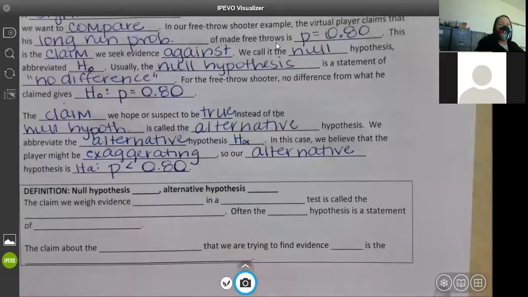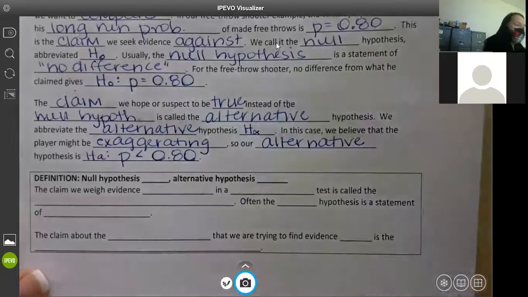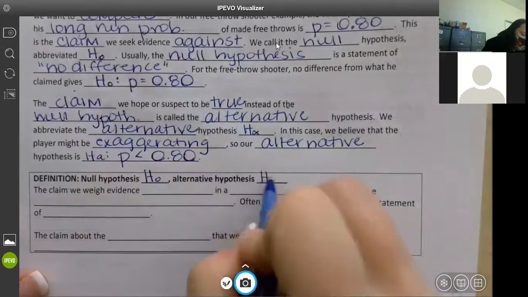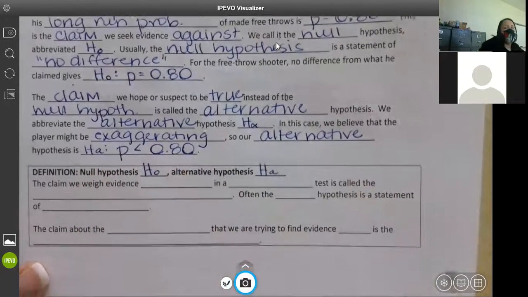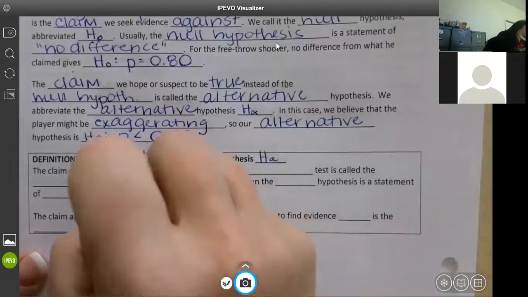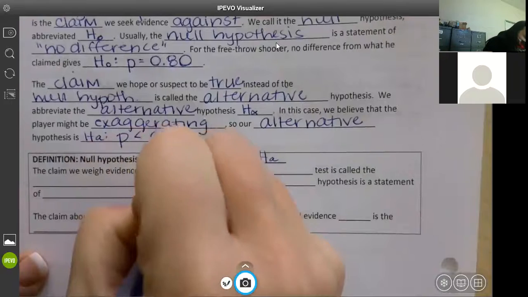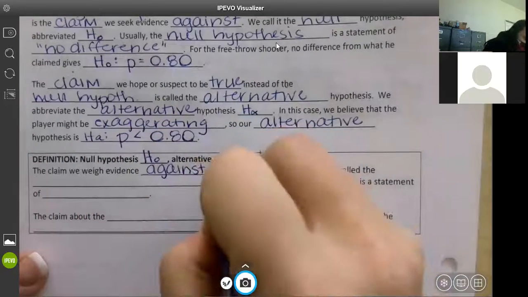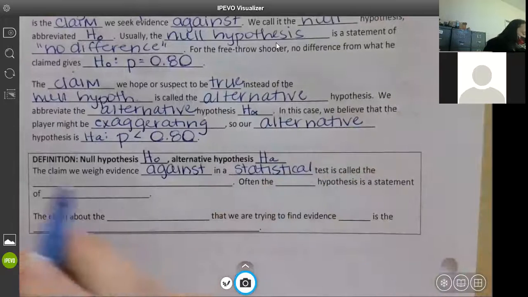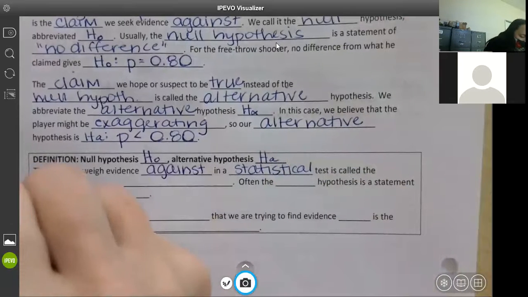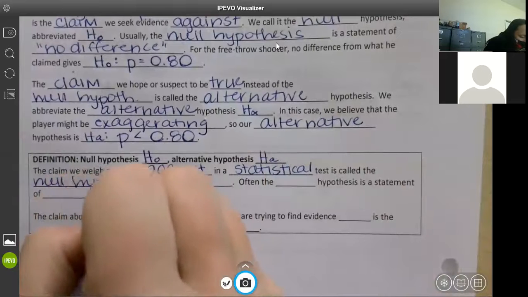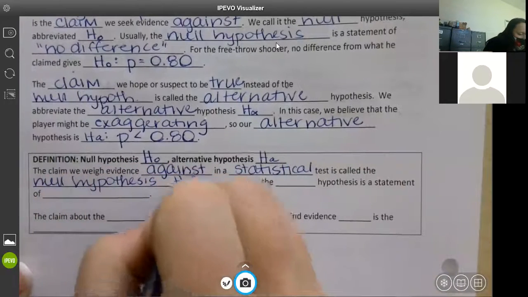Just to summarize, the null hypothesis is H sub 0 and the alternative is H sub A. The claim we weigh evidence against in a statistical test is called the null hypothesis, which is H sub 0.